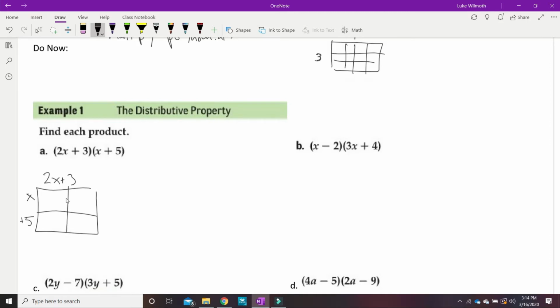I'm going to separate this into 4 boxes, where I have 2x times x. 2x times x is 2x squared. Then I'm going to do x times 3 to get this 3x here.